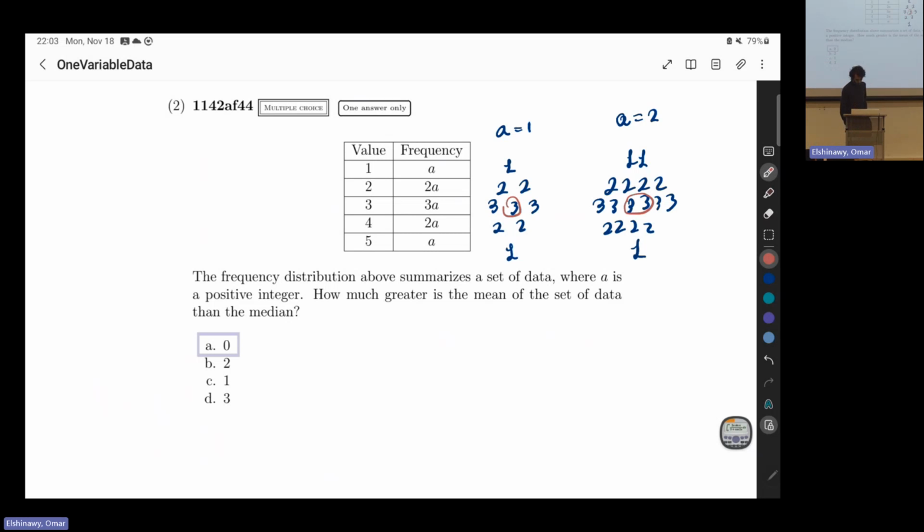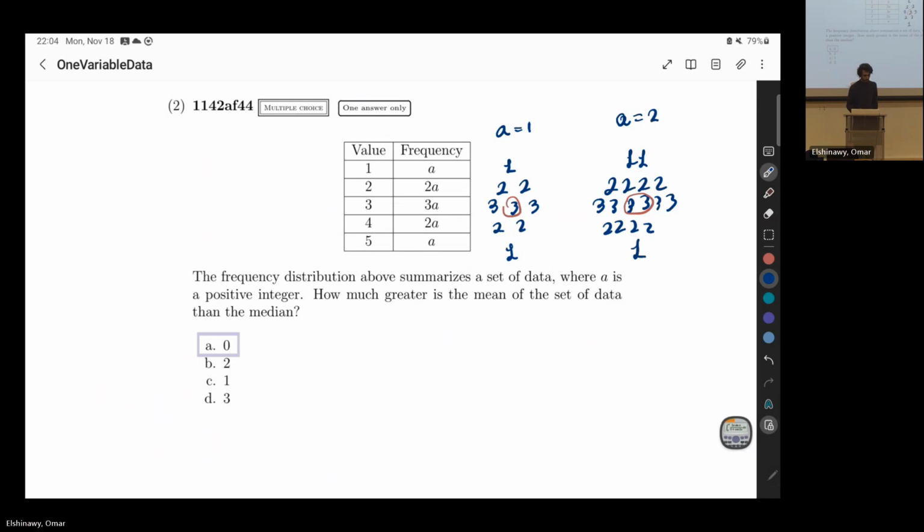If you want to look at the average and check that this is indeed correct, then you say, okay, how many values do I have? 1, 2, 3, 4, 5, 6, 7, 8, 9.